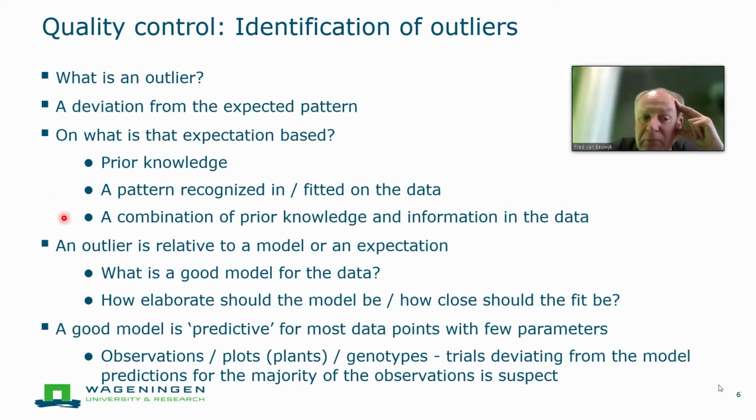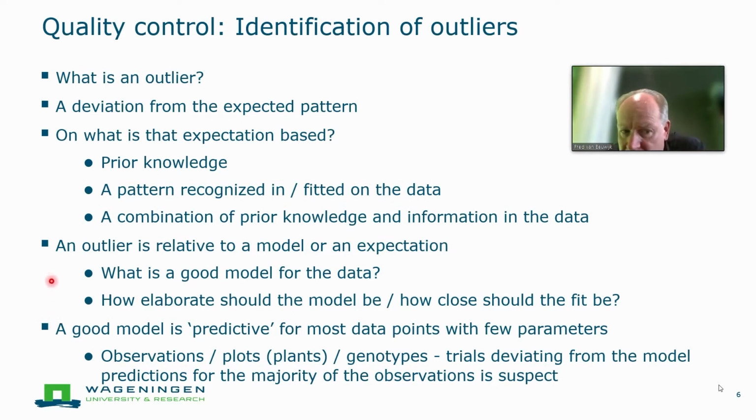In the best situation, we try to use our biological insights to direct the fitting of the statistical models, because when the statistical model is more elaborate, it will follow the data more closely. But to follow the data more closely, in principle, you should not use too many extra parameters. It's fine when you can do that based on biological prior knowledge, so then you can force the model to stay close to the data based on something that is outside the data itself.